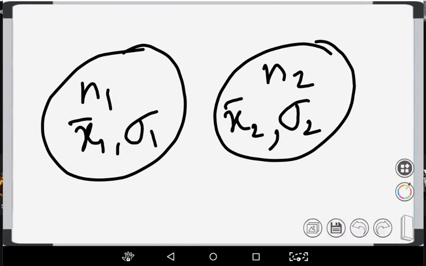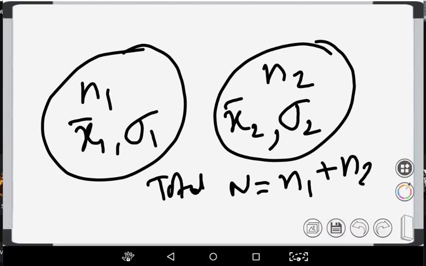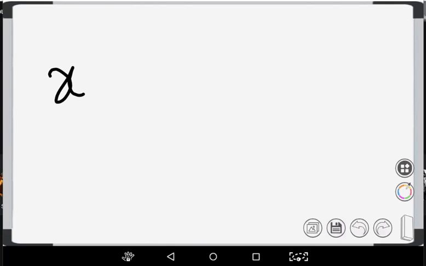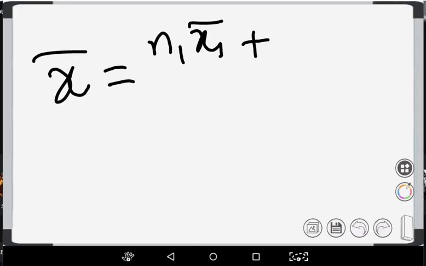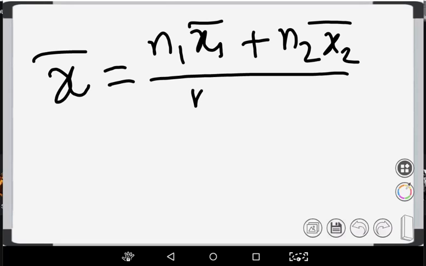If you combine all of them, then the total number of elements n equals n1 plus n2. The combined mean is x bar equals n1 x1 bar plus n2 x2 bar by n1 plus n2.